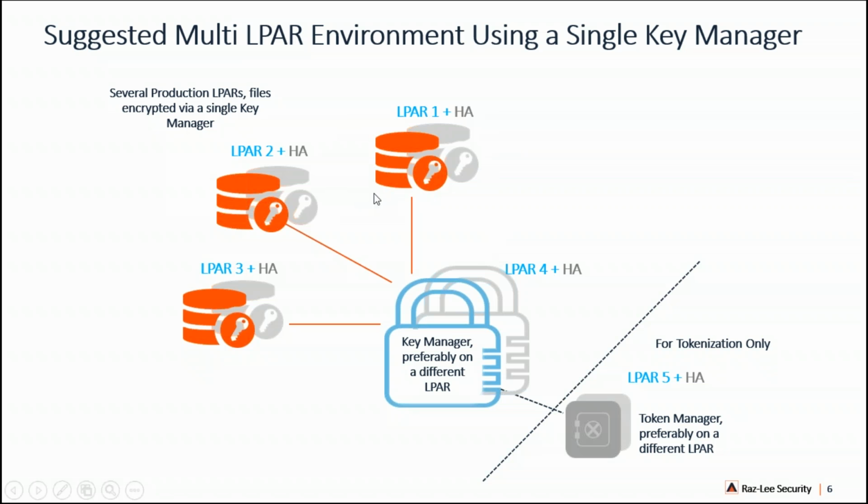When we speak about encryption, there are two methods. One is called encryption, and one is called tokenization. The difference between them is where we put the real encrypted data. With tokenization, we can have another layer of security on a different LPAR.